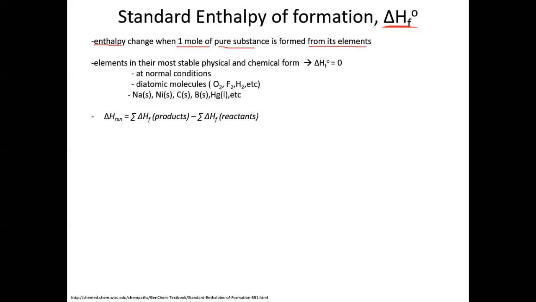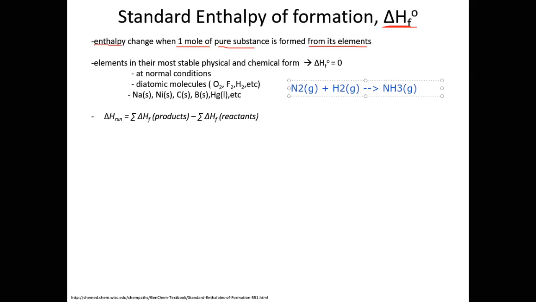That means, for example, if we have nitrogen gas plus hydrogen gas, and we produce ammonia. So first we have from its pure elements, so nitrogen is commonly a gas, hydrogen is commonly a gas, but we only need to form 1 mole of product.